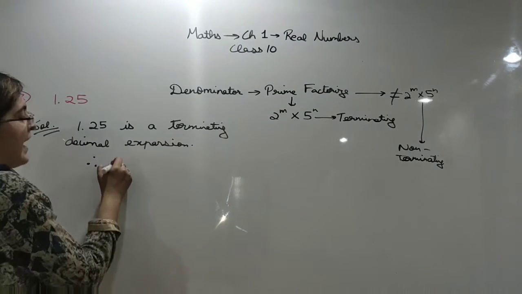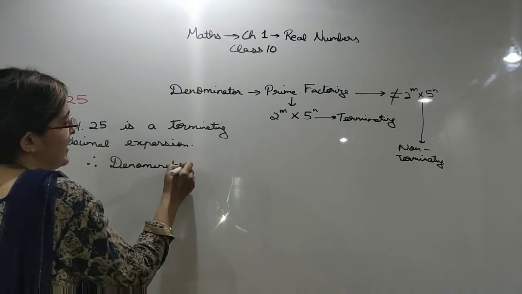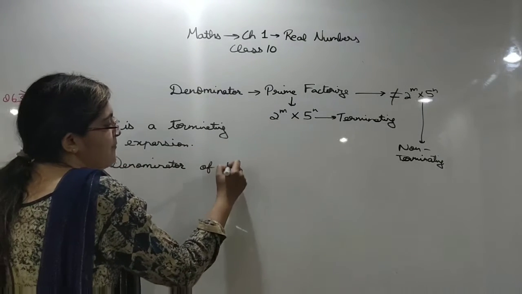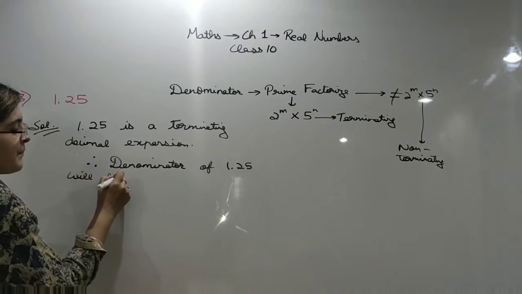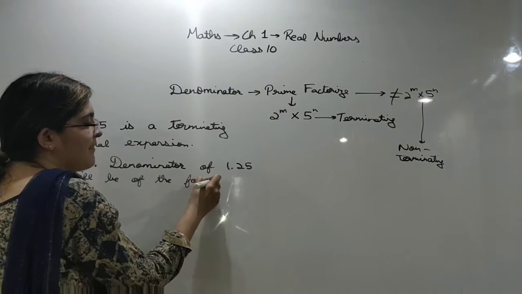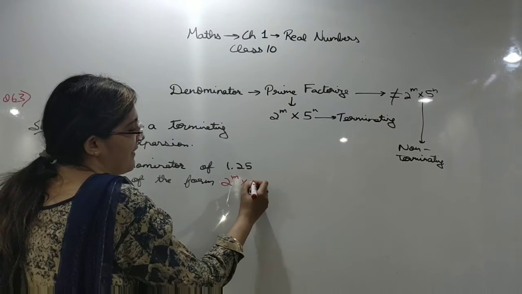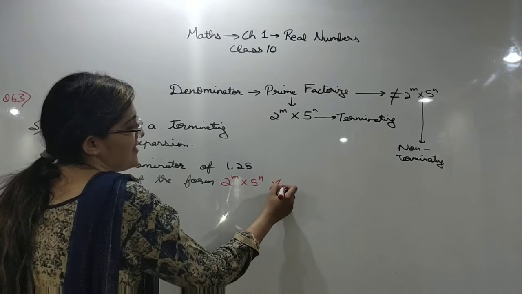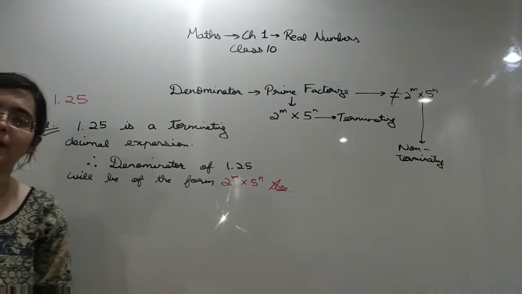Therefore, the denominator of 1.25 will be of the form 2 to the power m into 5 to the power n. Answer. Is it clear? You have to do only this much.